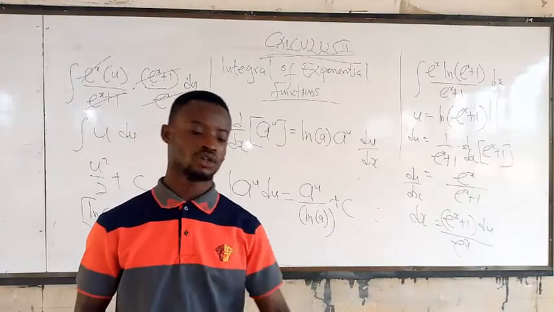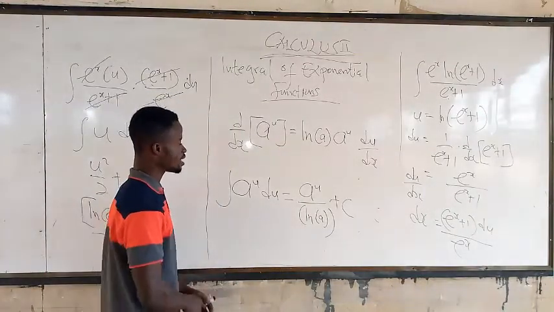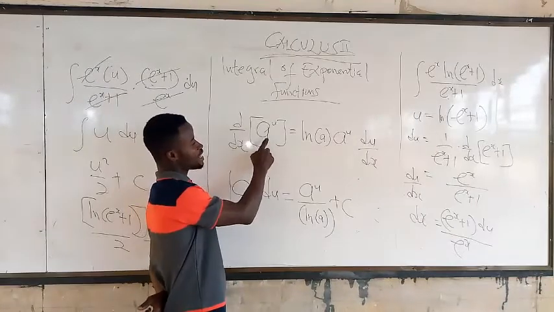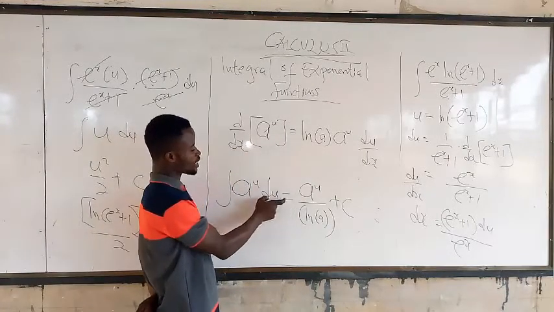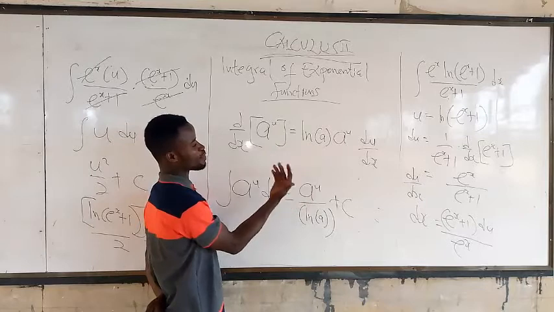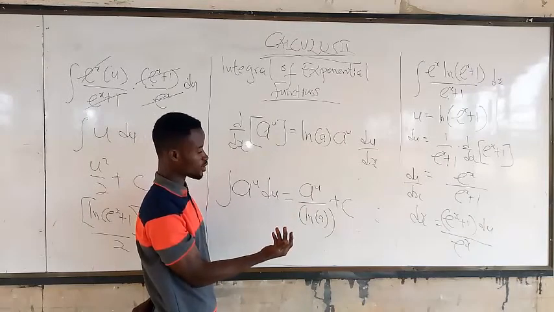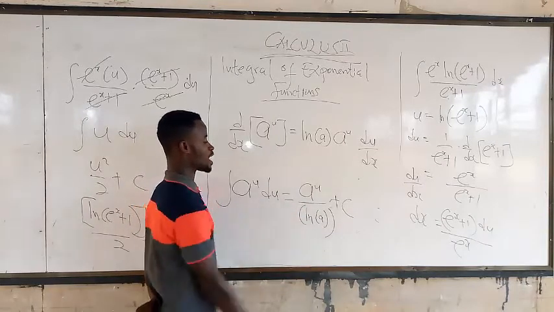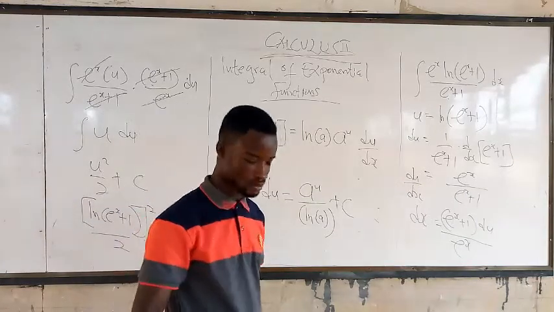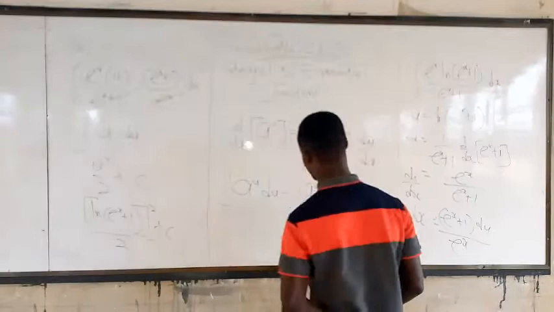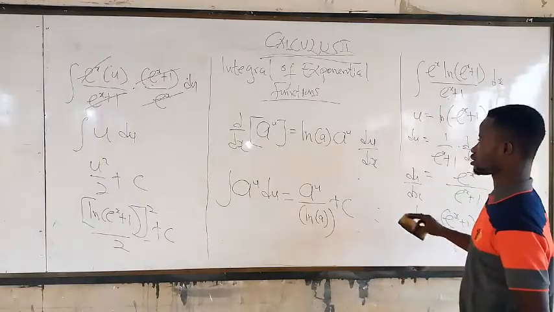So you can see that here the ln a that you take, you multiply by this. But here the ln a that you take in integration, you divide by it. That's the only difference. Then you add what? The plus c. That represents family of what? Constants. Family of constants.